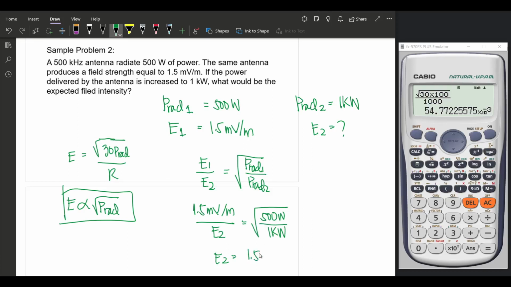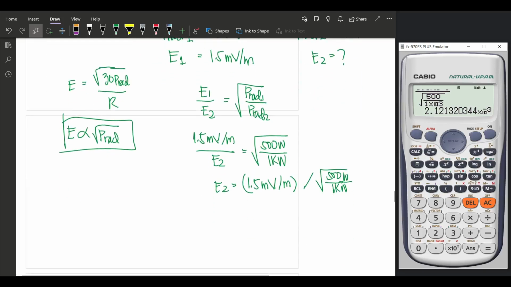So magiging 1.5 to divide. Okay, so the field strength should be 2.12 millivolts per meter.